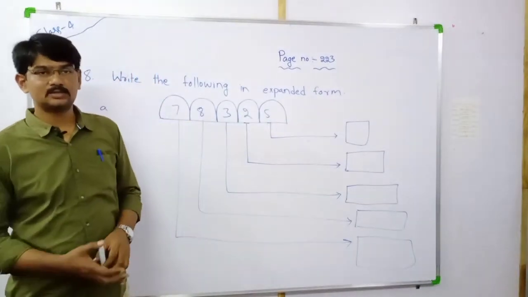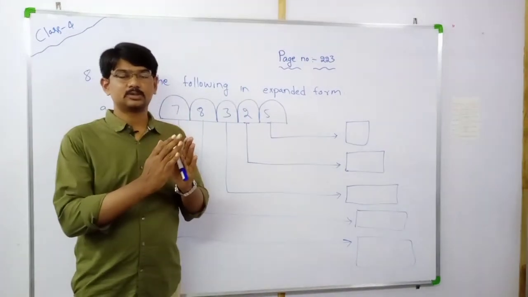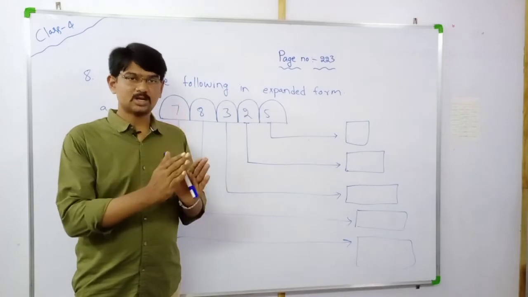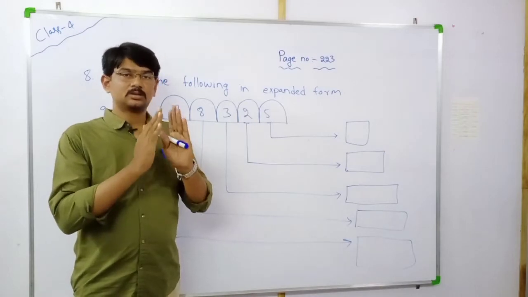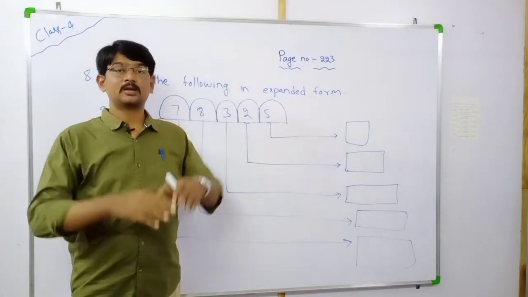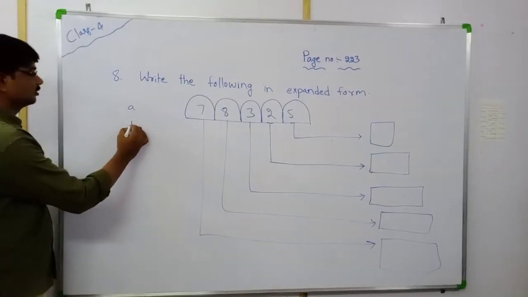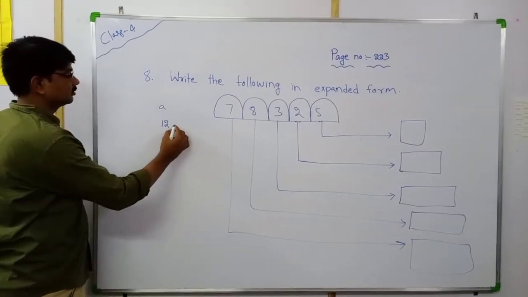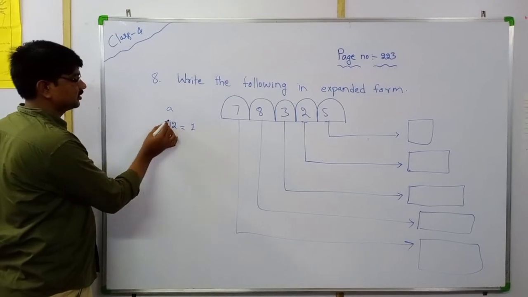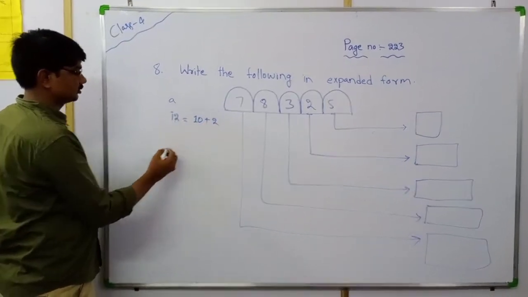Expanded form means if the number is given in short form, that short form number we need to write in expanded form. For example, if this is 12, that is equal to 10, the tens place, plus 2, the ones place.